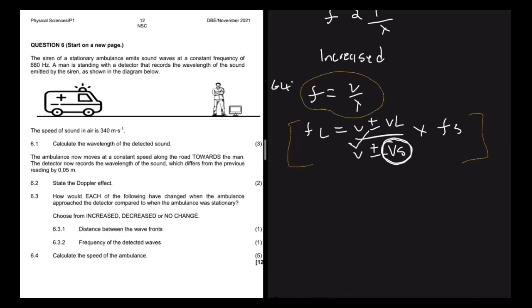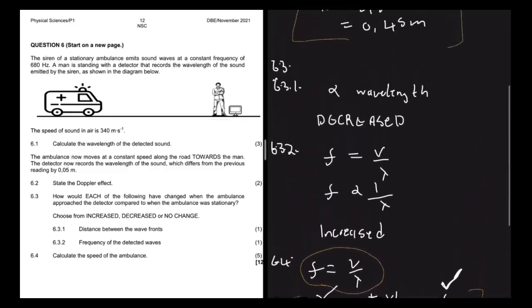We have V because V is the speed of sound in air. And then frequency of source, we have determined it. Oh, no, we didn't determine it. It is given to us as 680 Hz. And then frequency of listener, we can determine it because we now have the wavelength when the ambulance is moving towards, right?